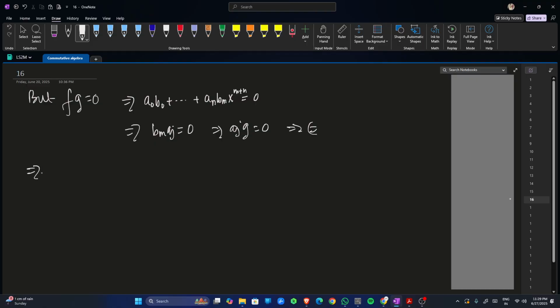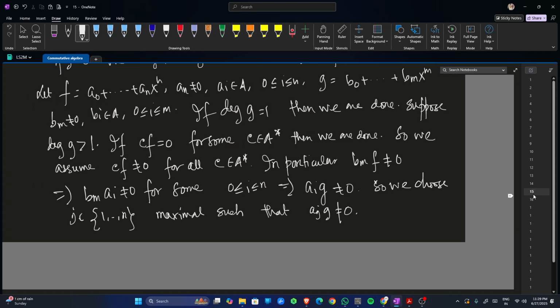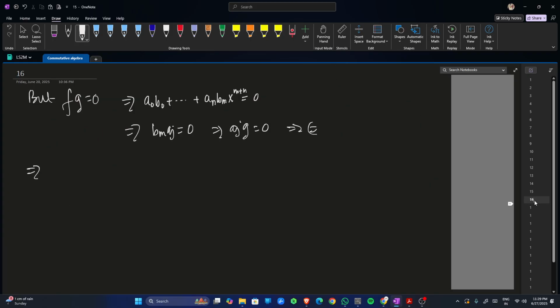So this implies a contradiction of the fact that cf is not equal to 0.